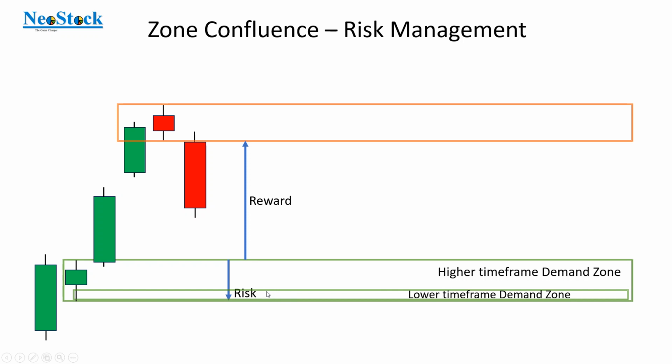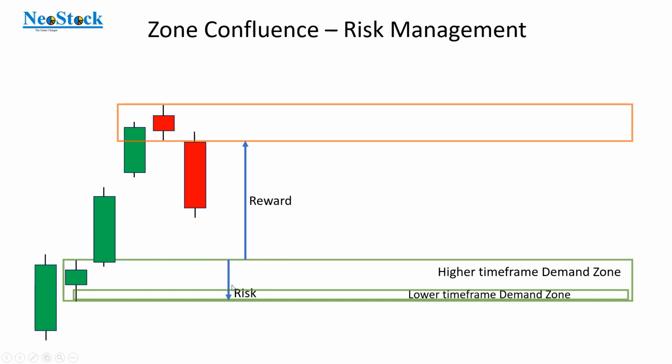This is the area. If that is the case, you wait, let the prices enter into this area. And now you can plan your trade inside this lower time frame demand zone, rather than taking your entry at the higher time frame proximal type 1 or higher time frame proximal type 2.